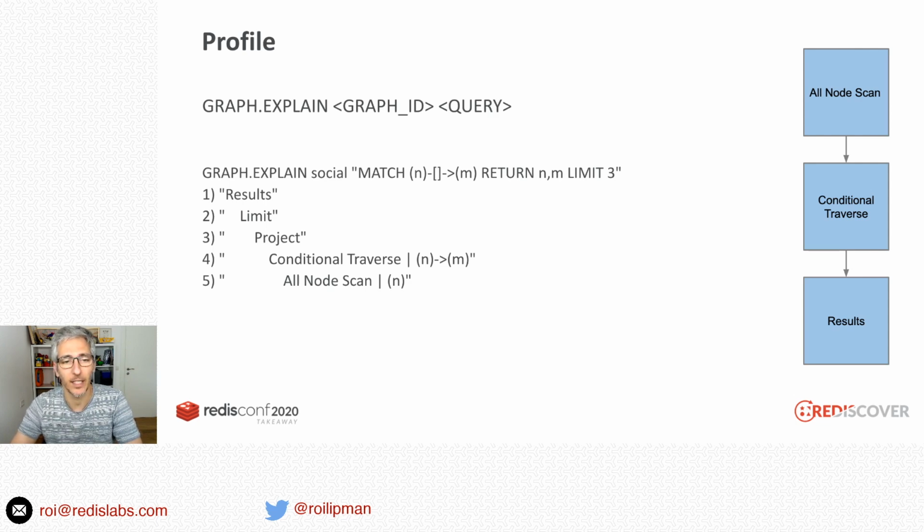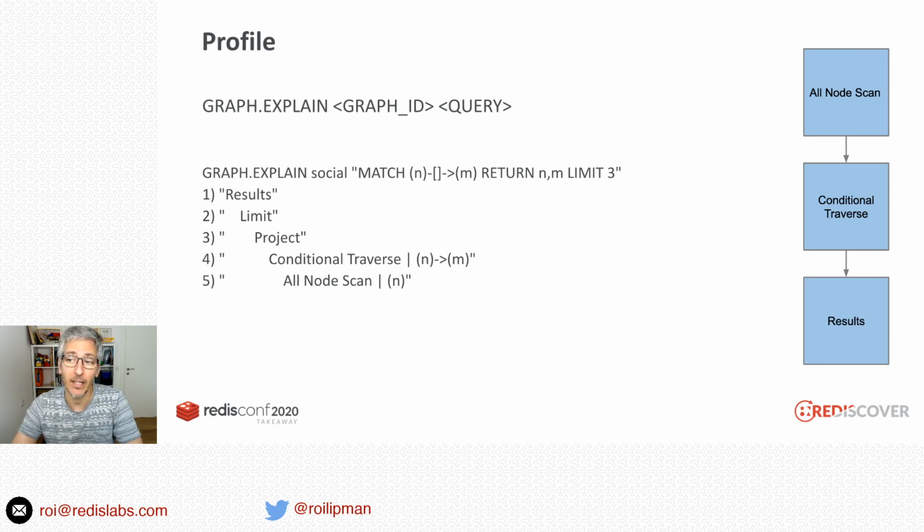And this is just a simple example. Basically the query asks for any 2 nodes that are connected to one another. The results should contain those 2 nodes, and we're only interested in 3 pairs. And so given that query, the execution plan that RedisGraph would construct is composed of the following operations. The first one is an all node scan, which would basically scan through all of the nodes in your graph.